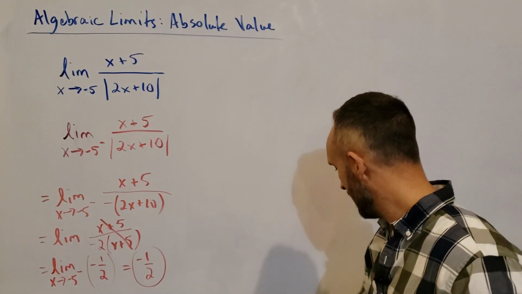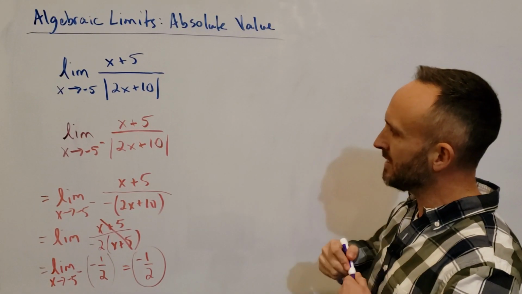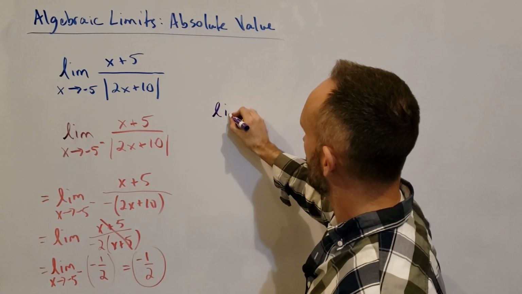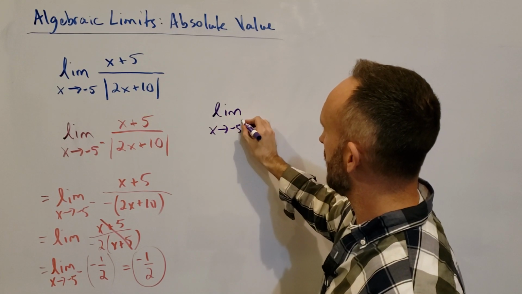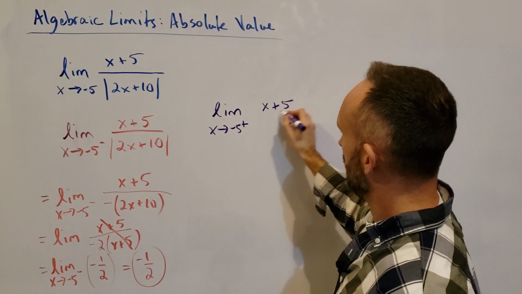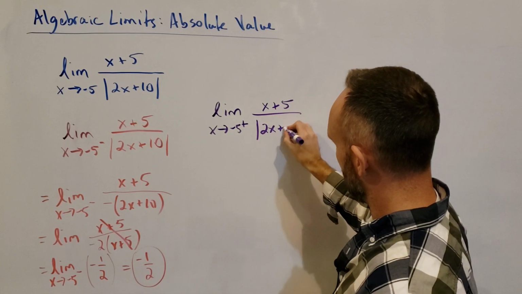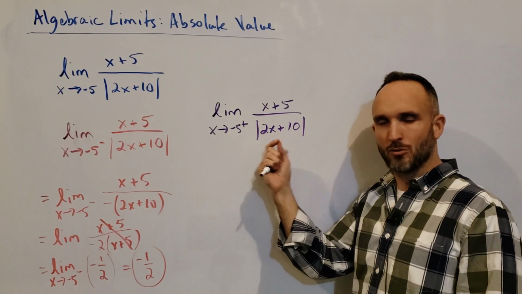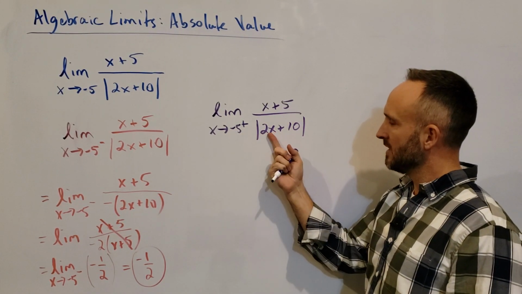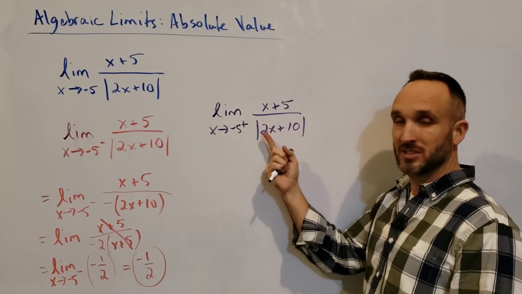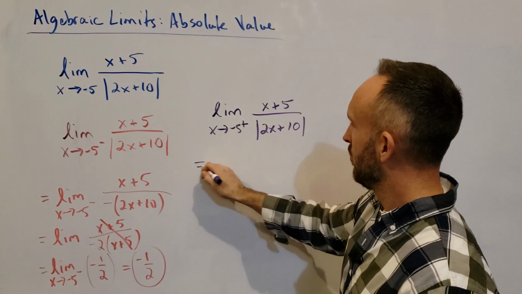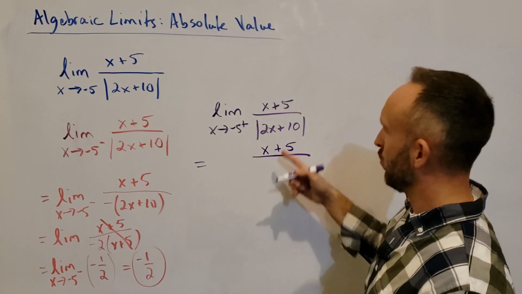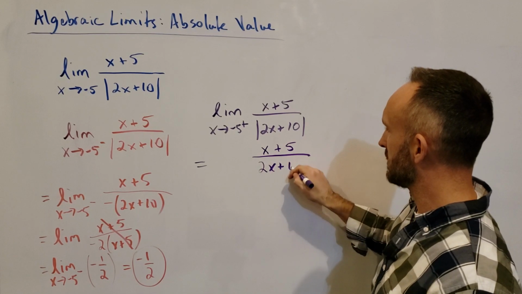Now let's do the limit as x approaches -5 from the right, which should be pretty simple now. The limit as x approaches -5 from the right of x plus 5 over the absolute value of 2x plus 10. And again, when we're to the right of -5, remember -4.9 for x, anything to the right of -5 makes 2x plus 10 positive. And when what's inside an absolute value is positive, it just outputs what's inside the absolute value, which is 2x plus 10.